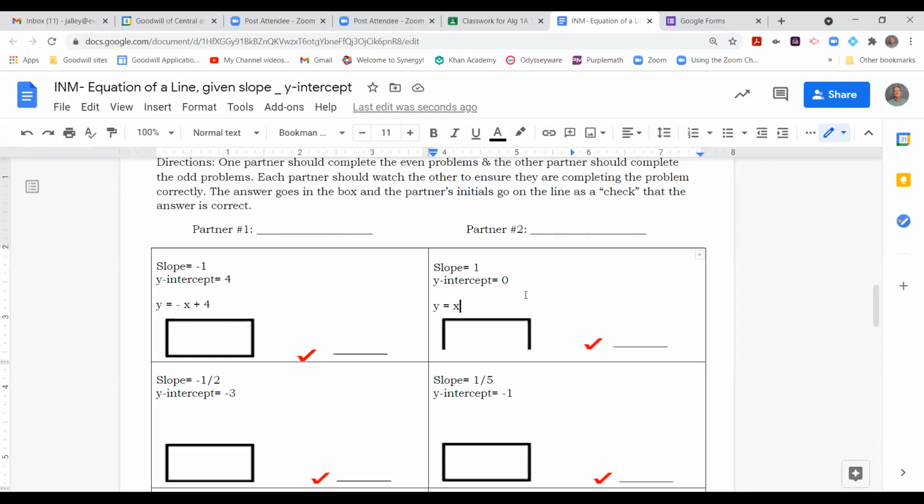Nobody's going to write that into the equation. It's not necessary. And again, our coefficient of 1, we don't need it. It's understood with a single letter that the coefficient is going to be 1. It's a positive 1, so we don't have to put even a sign in front of it.